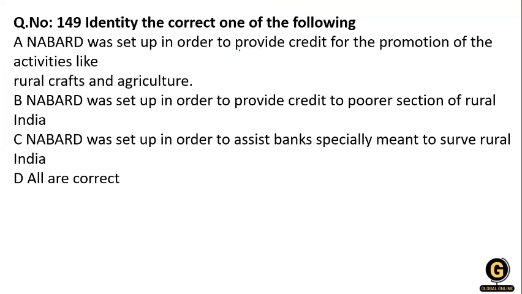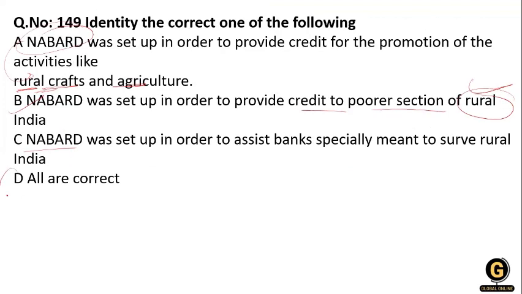Next question. Identify the correct one. NABARD was established to provide credit for the promotion of rural craft and agriculture. Yes. NABARD was set up to provide credit to the poor section of rural India. Yes. NABARD was set up to assist banks especially meant to serve rural India.